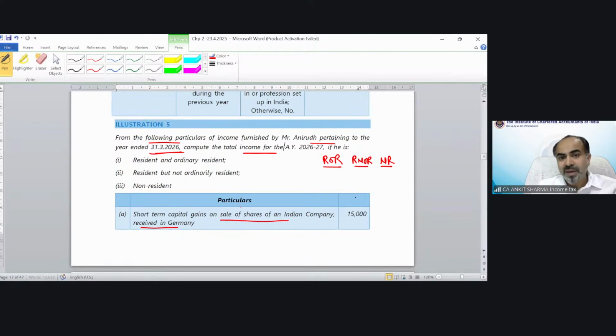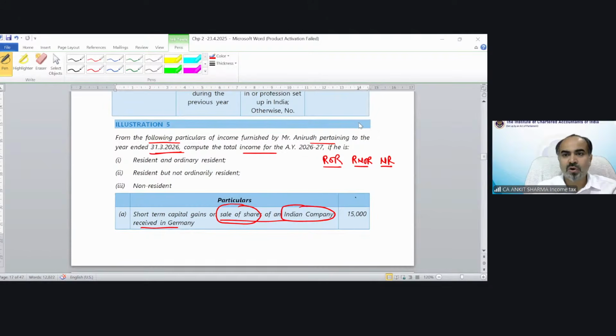So if any asset belongs to India, then any income like dividend, etc. is going to be treated as deemed to arise in India. So accordingly, now think about it and tell me this 15,000 rupees is going to be taxed in whose hands?